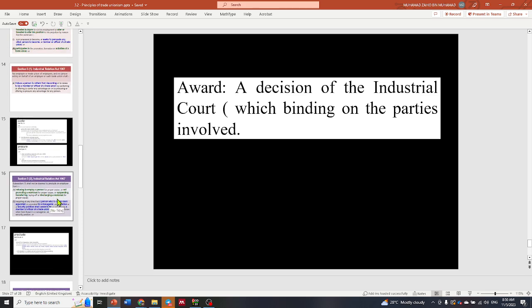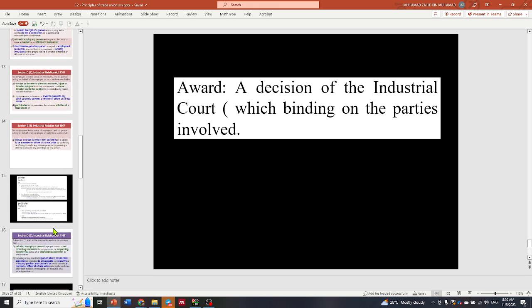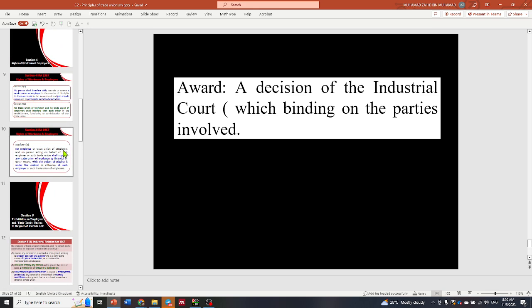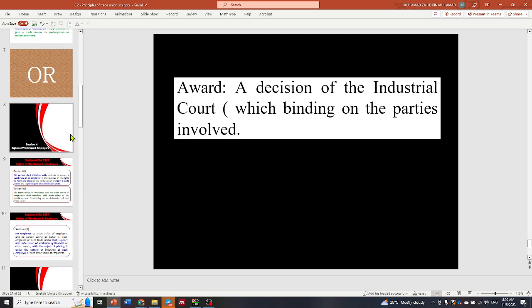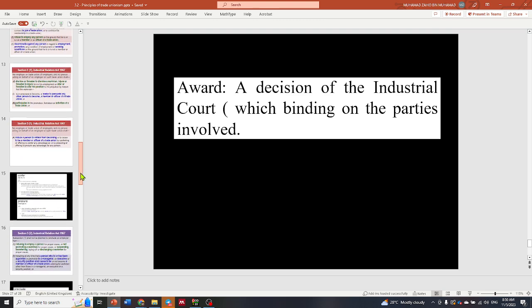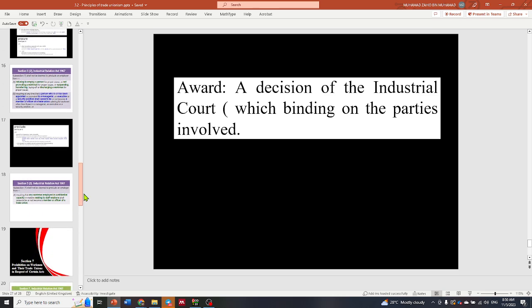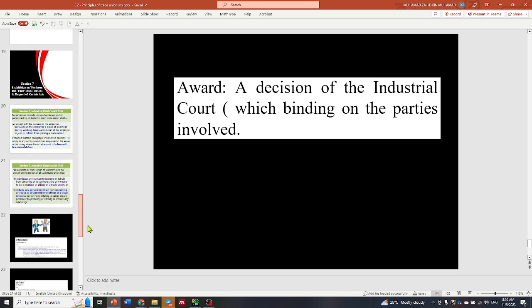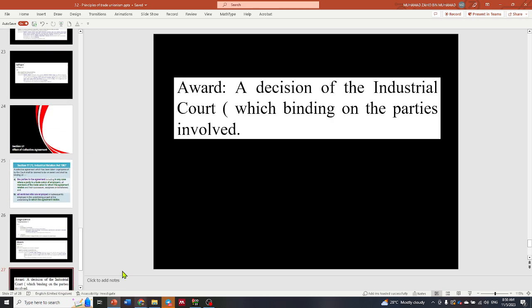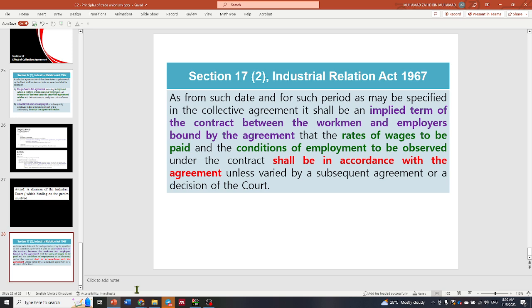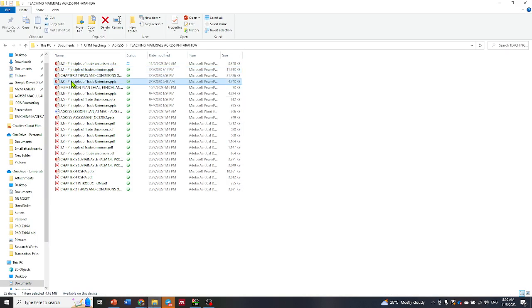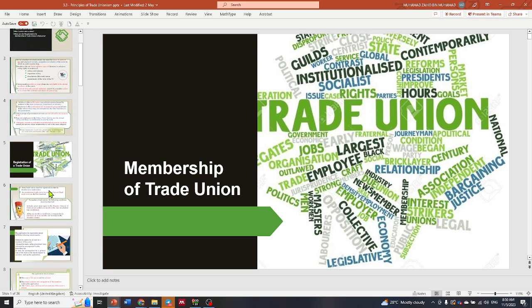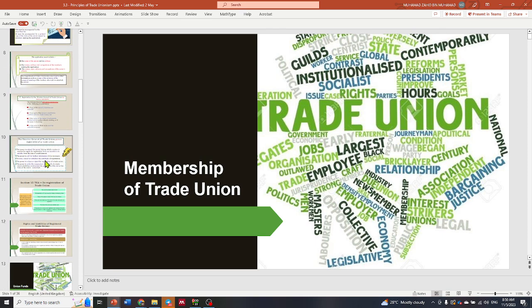Afif, soalan saya nak tanya ni. Tak ada dah pula. Okey, tak apa.